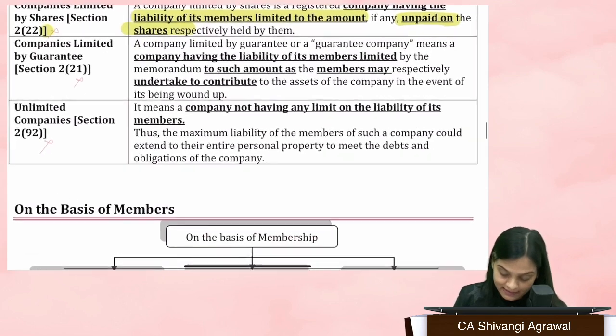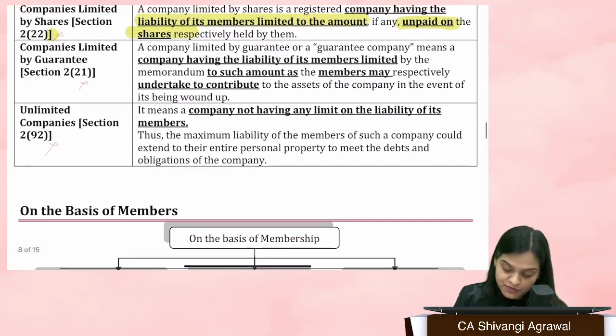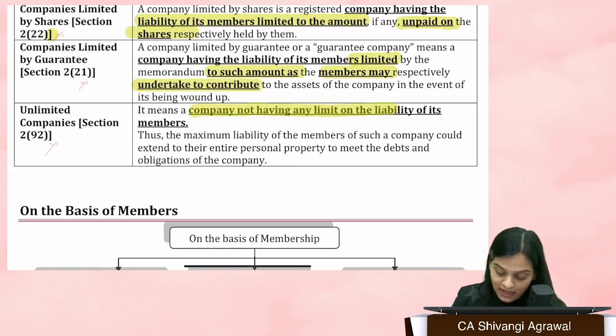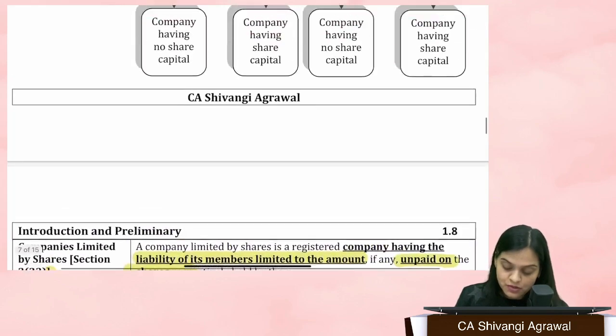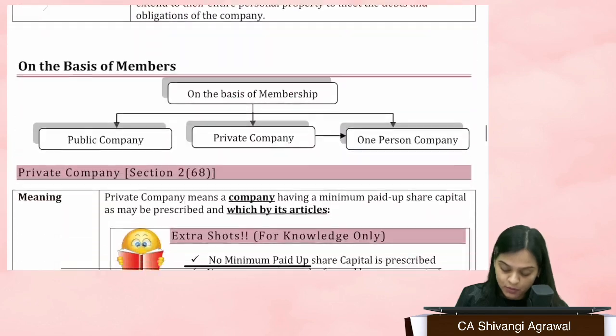Company limited by guarantee: a company having the liability of its members limited to such amount as the members may undertake to contribute. And unlimited companies: companies not having any limit on the liability of its members. Fine, so these are the keywords that you need to remember.